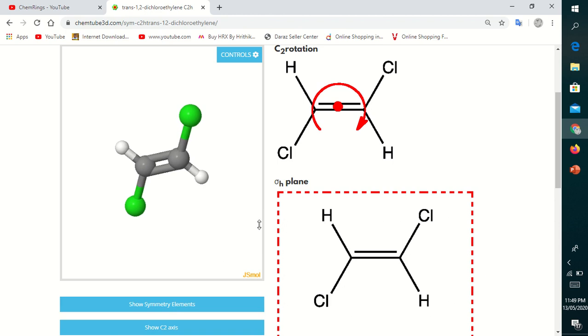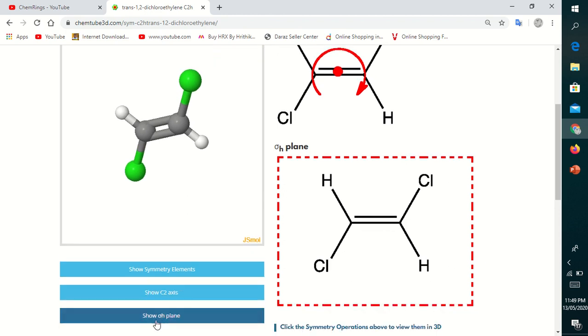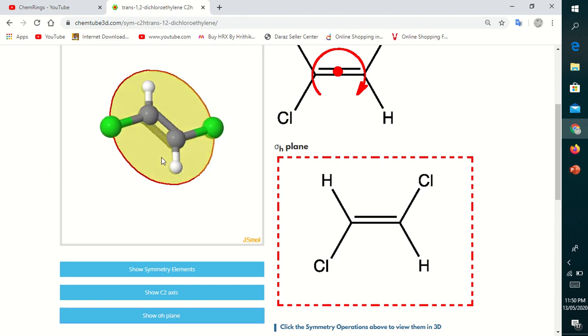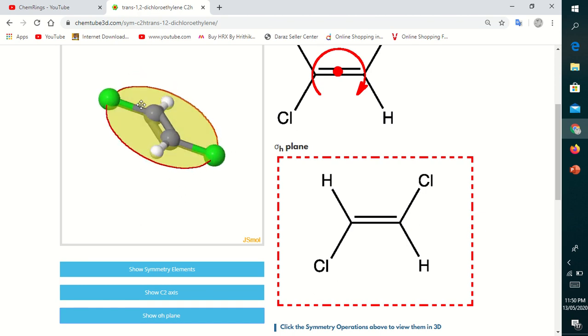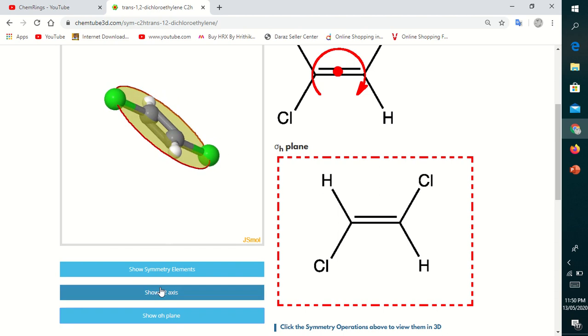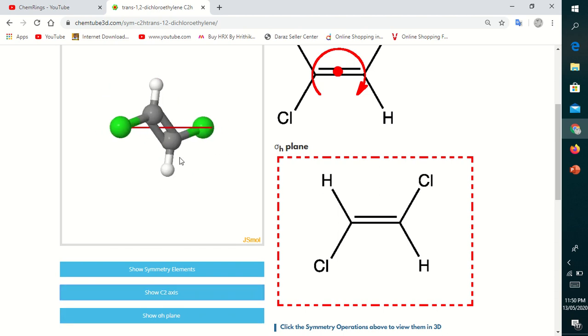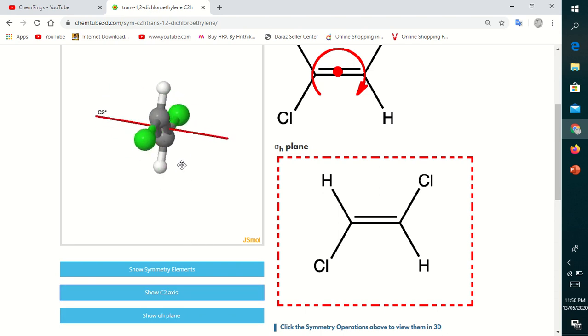If there is a sigma perpendicular to the axis of rotation, then that sigma is known as sigma h. Yes, exactly, we can observe the sigma h quite clearly in this molecule. This is the sigma h, while the C2 rotation axis is just perpendicular. Here we can see the C2 and the sigma h in this molecule.